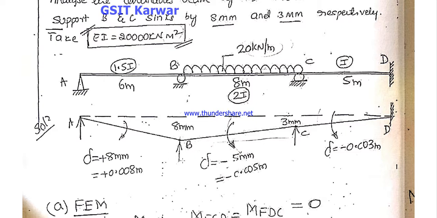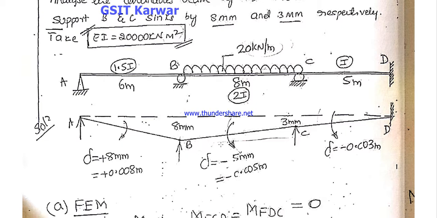But considering the right hand side, the effect of support C is also there in this span BC. What happens in this condition? You can add both the sinks. How are we going to add? Considering support B, by taking the right hand side, what is the sign convention here?